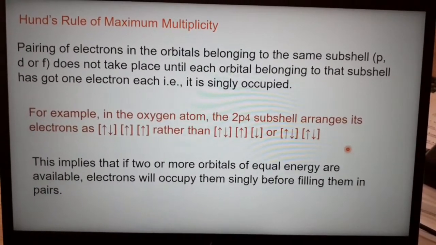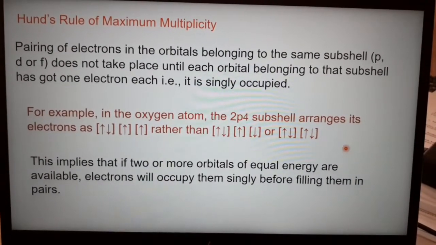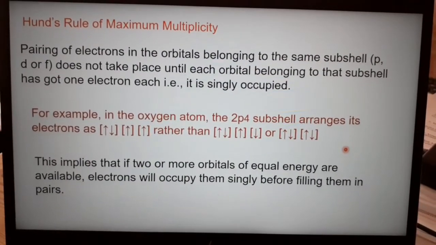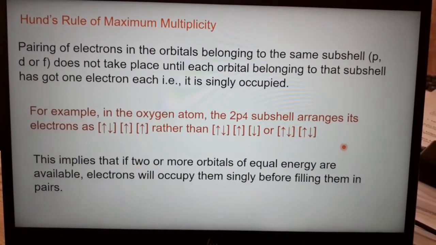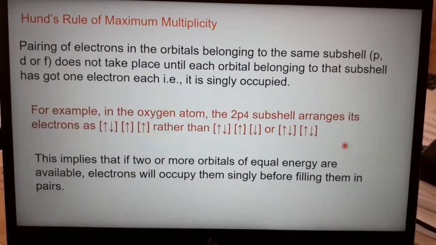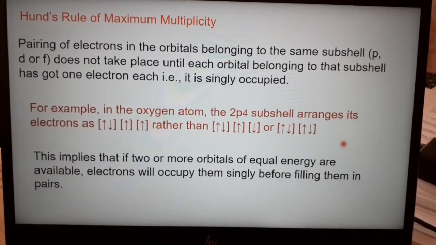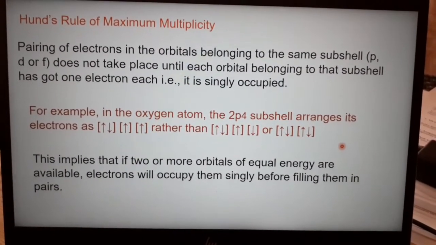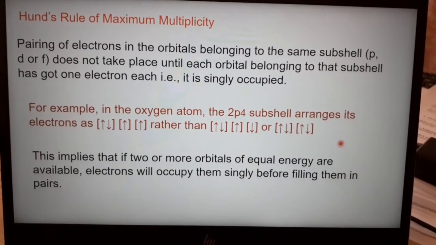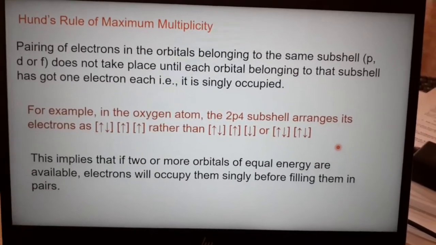Now, Hund's rule of maximum multiplicity. The pairing of electrons in the orbitals belonging to the same subshell, p, d or f, does not take place until each orbital belonging to the subshell has got one electron each. That is, it is singly occupied. For example, the oxygen atom's 2p4 subshell is the last valence electronic shell.